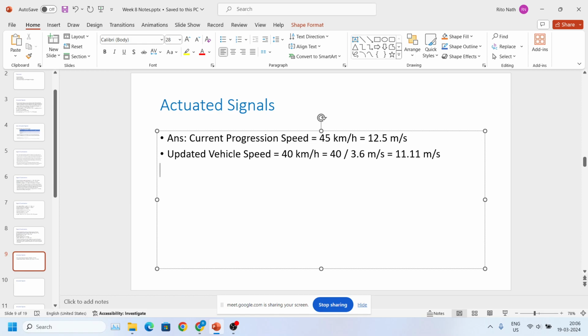So in the first case, let's maybe draw a table.